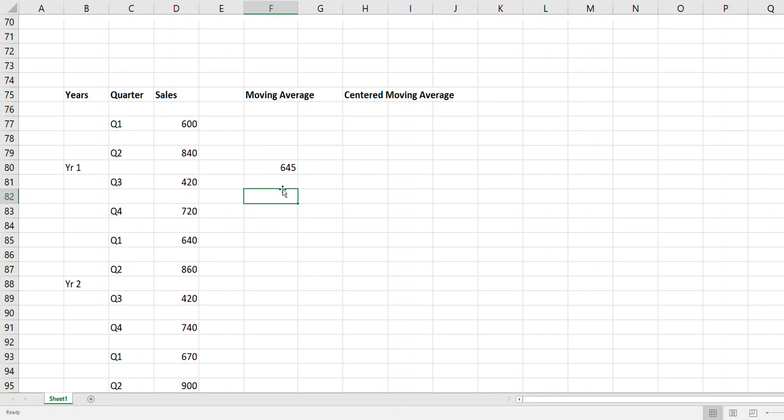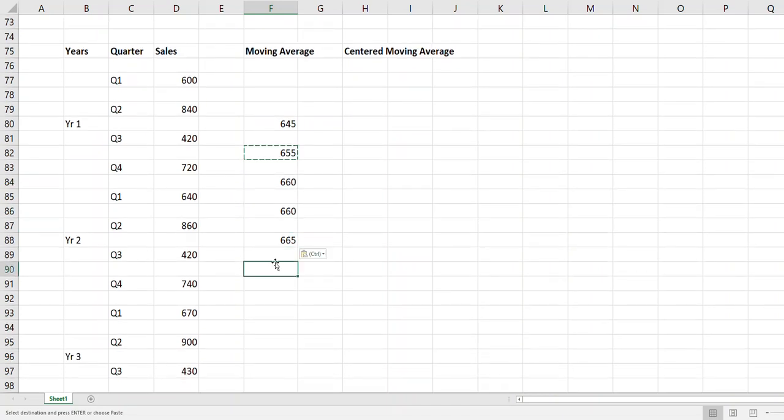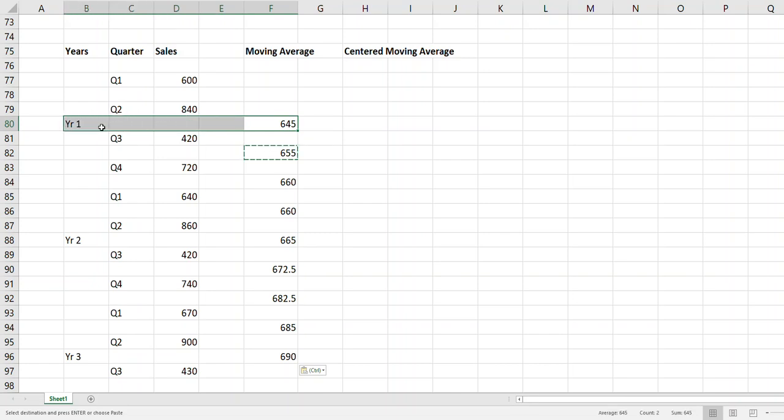So I'm going to take this formula and paste it here. It automatically removes 1 from the top and adds another at the bottom. Now if you see, it doesn't relate to any quarter because it is an even number and there isn't any data in the middle.